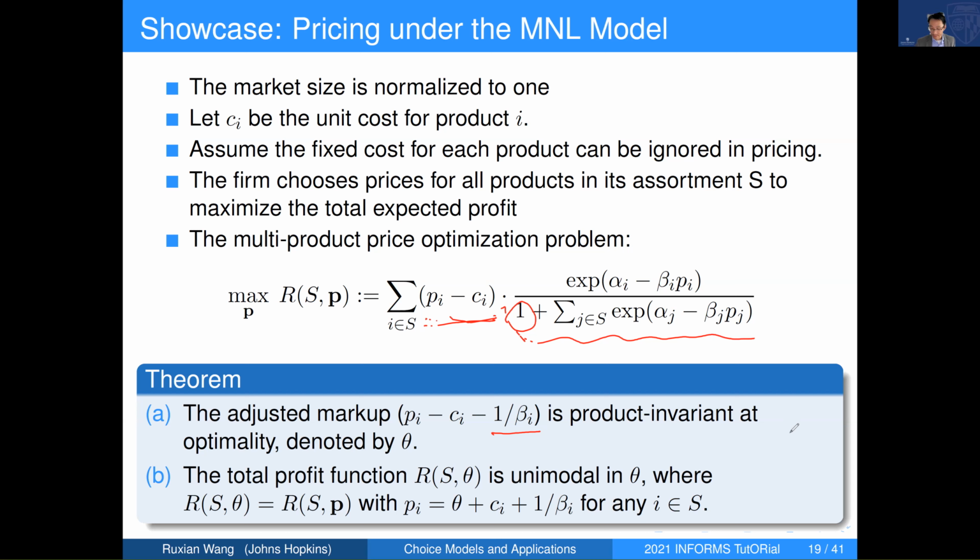You can see this one is one-dimensional, continuous, and unimodal in theta. So it's very easy to find the optimal adjusted markup theta. And immediately we can find the optimal prices for any product in the offer set, right?